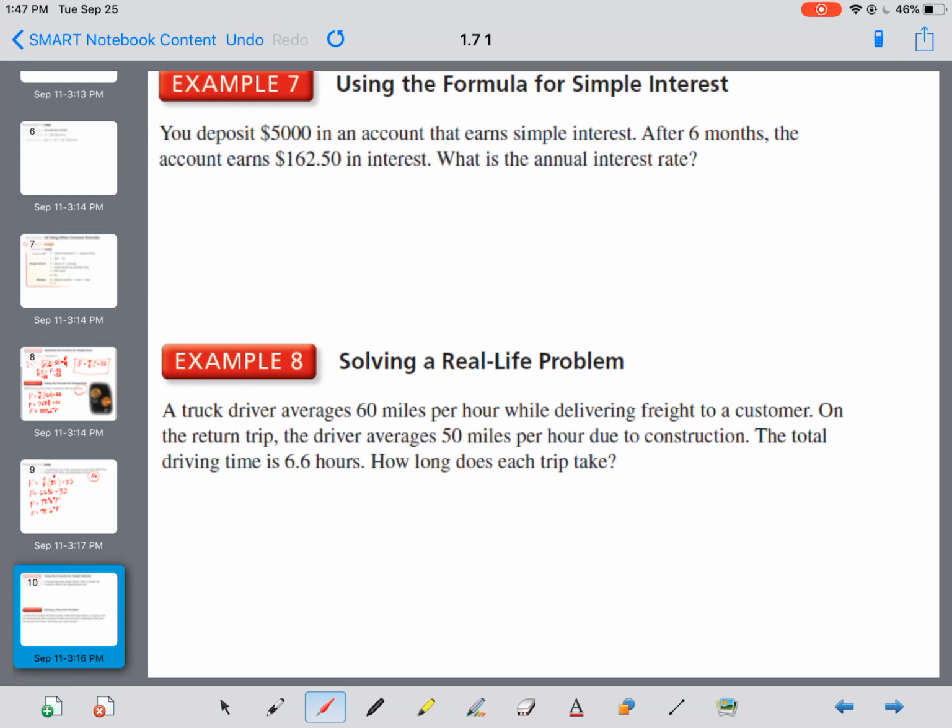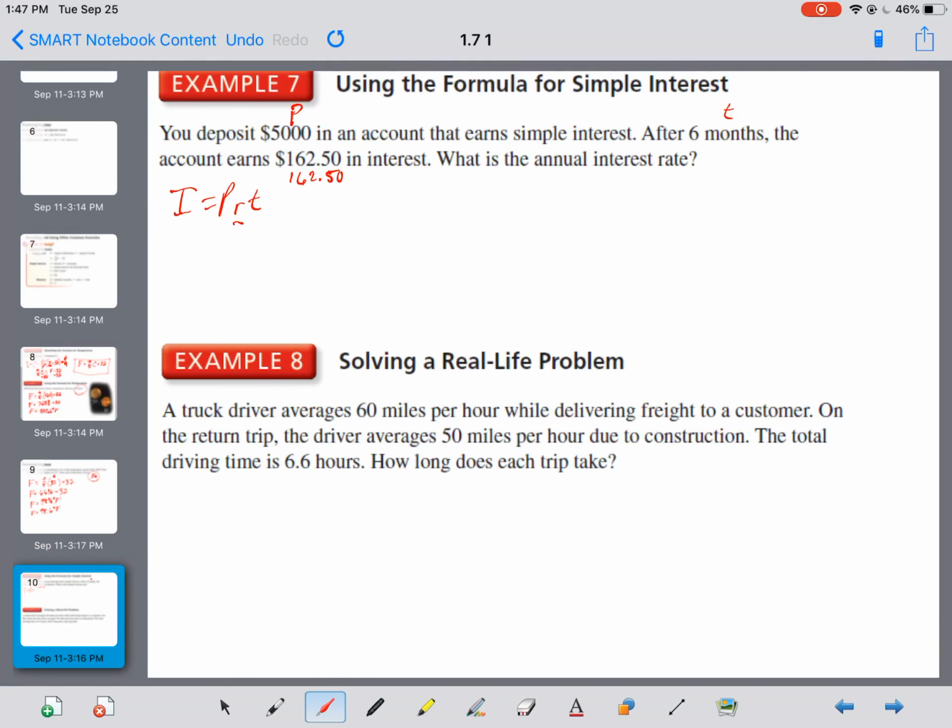You deposit $5,000 in an account that earns simple interest. Simple interest was I equals PRT. After 6 months, that's time, and deposit is your principal, the account earns $162.50 in interest. What is the annual interest rate?